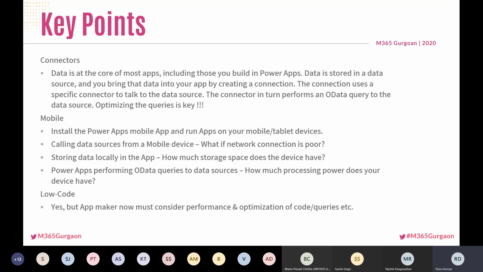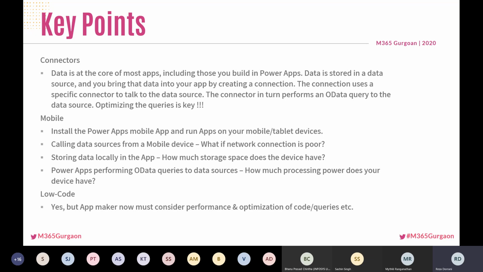And point number three is that it is sold as a low-code, no-code development platform, which is true, but there are certain caveats to it. In connectors, a connector is nothing but a proxy around an API at the back end. So without you realizing, there is an API call that goes across at the back end to connect to your data source. That means there is some query going on when you connect to your data source, and optimizing that query is key in getting optimal performance.